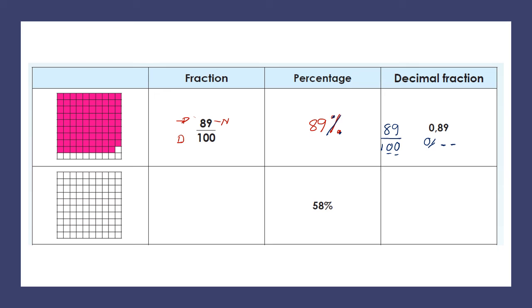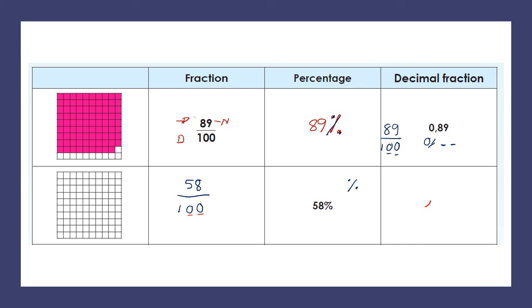Let's look at this one. They only give me the percentage. But remember, that is of 100. So I can say this is 58 of 100. Now let's look at my decimal fractions. Remember now, we have 2 spaces, 2 zeros.